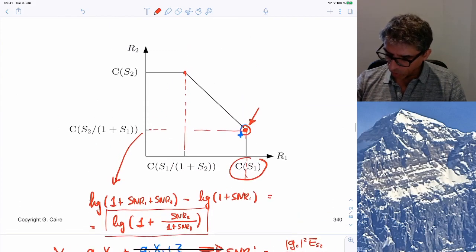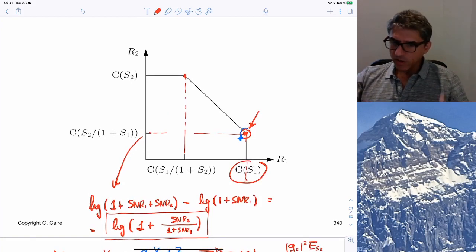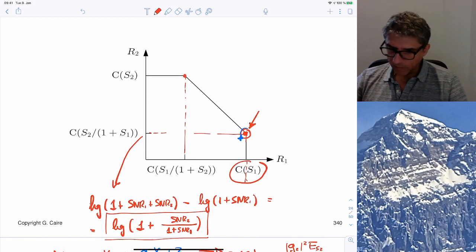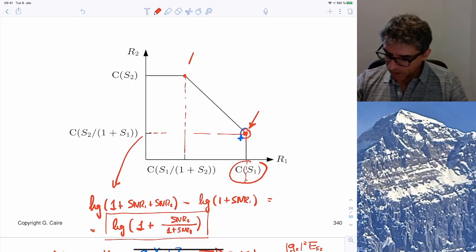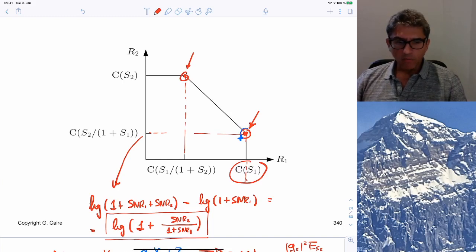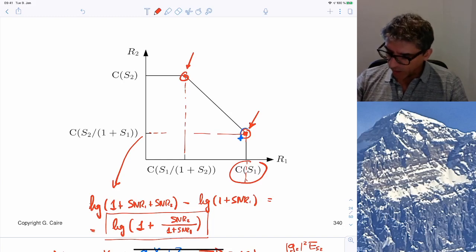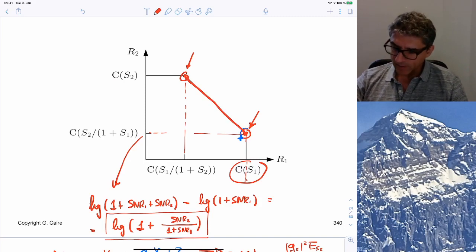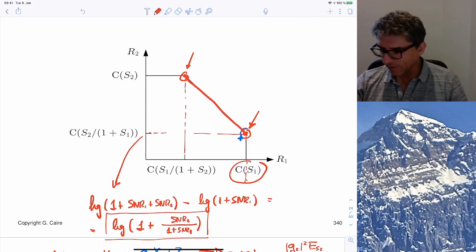Then, of course, reversing the role of the two, and scheduling different rates, we have another scheme that will be able to operate here, and then by time sharing of these two schemes, we can operate at all points in the dominant phase by simply alternating with a certain duty cycle, a strategy that achieves one corner, another strategy that achieves the other one.